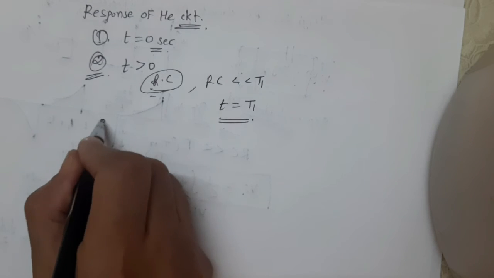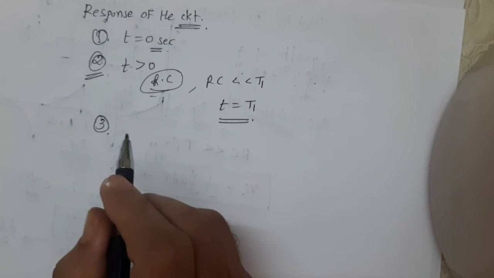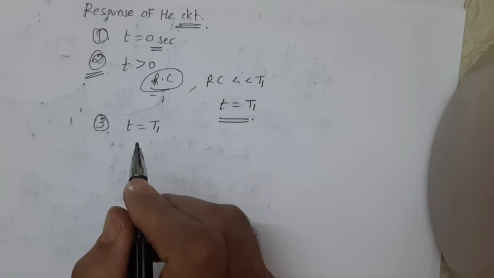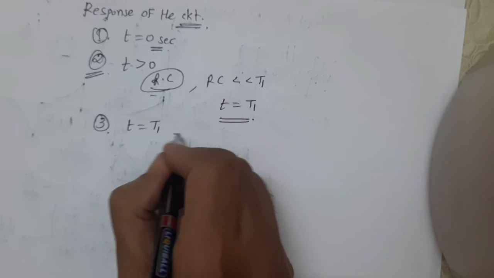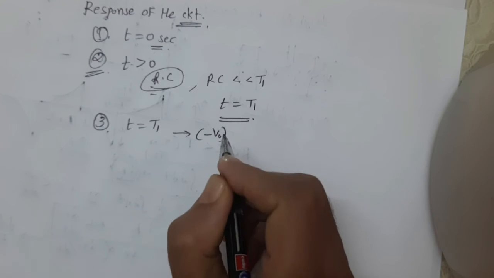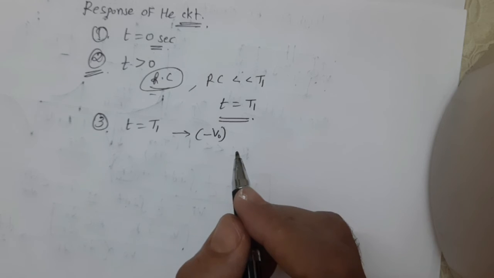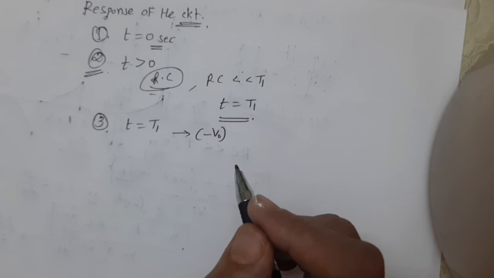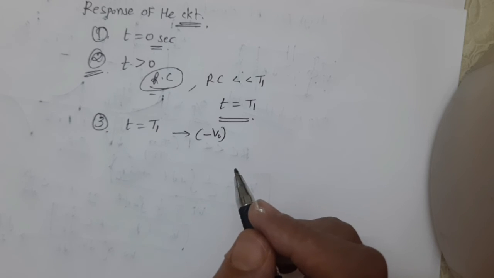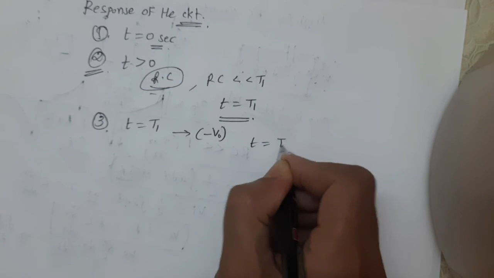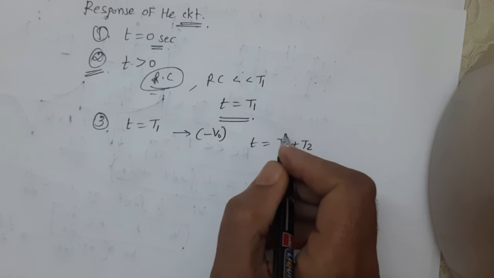Third condition: at time t equal to capital T1, a negative step voltage, that means minus Vo, appears at the input, so that at once the output goes negative by an amount equal to the amplitude of the input step voltage. This voltage then increases to zero as the capacitor discharges rapidly before the time t equal to T1 plus T2 is reached.